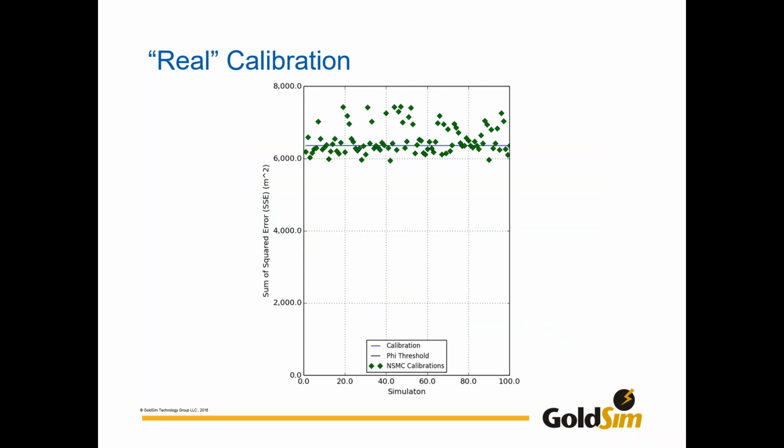And this is another example of this concept. I think it's kind of an old figure, but it comes from a large region-wide groundwater model with many different data values, and you can see there's a threshold on here that's set at 8,000.